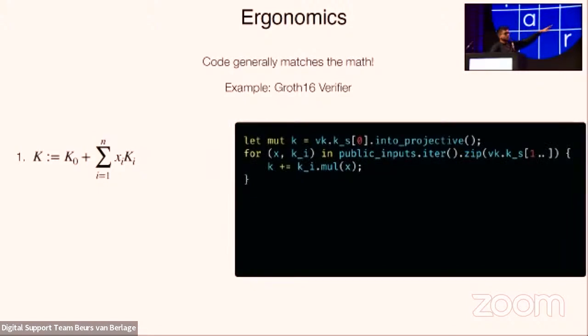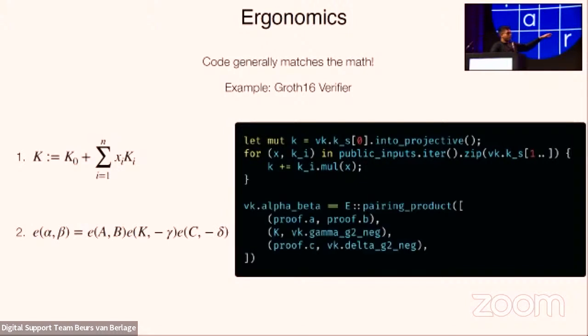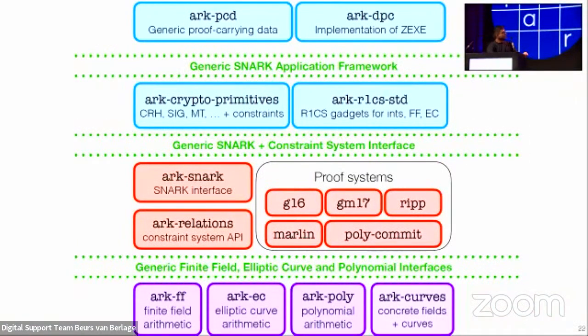So we do some multiscalar multiplication, and then for this pairing product, we literally just call the pairing product algorithm, and this is it. This is, in these 10 lines, the Groth16 verifier algorithm, and you can see how it maps to the actual pseudocode very clearly, right? Okay, so sort of that wraps up the SNARK development stuff.